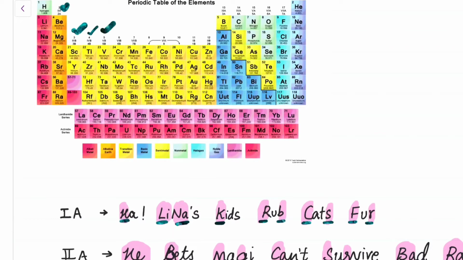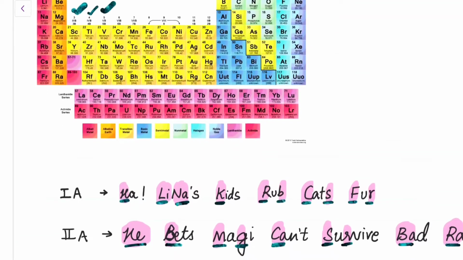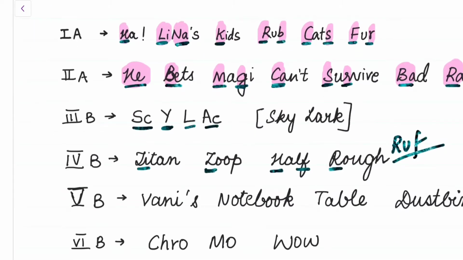Moving on to the 5B, which is vanadium, niobium, tantalum, and dubnium. So for this we have: Vani's notebook table is in dustbin. So basically I mean that Vani's notebook, which was earlier in table, is now in dustbin.